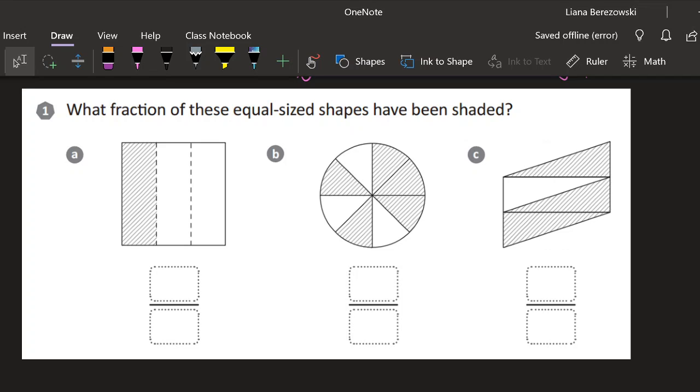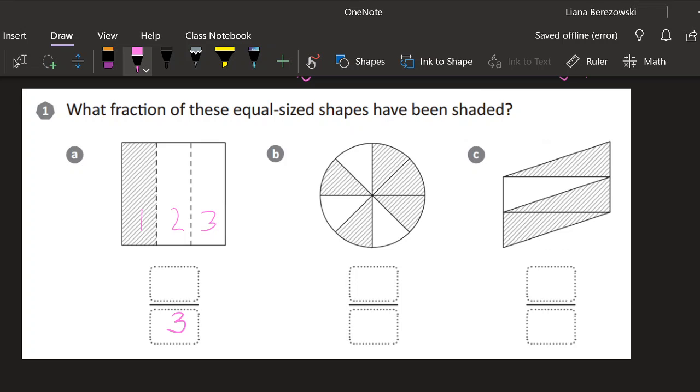If we look at our first image, again, the easiest thing for us to do is to fill in our denominator first. The denominator just represents the total number of equal parts that we have. So if we count them all up, ignoring the shading, we're not worried about that right now, we have 1, 2, 3 equally sized parts. So 3 is going to be our denominator.